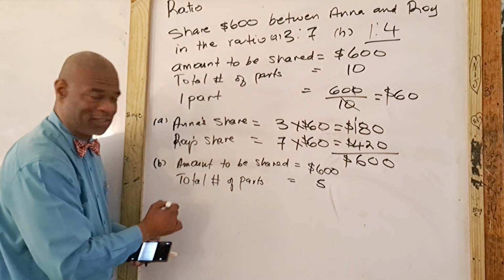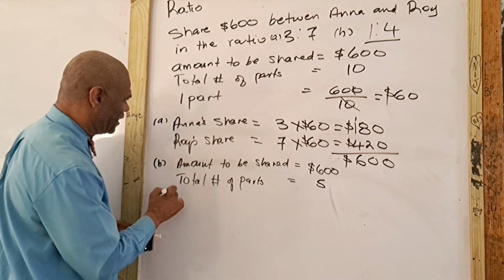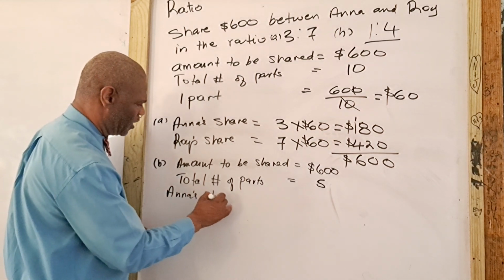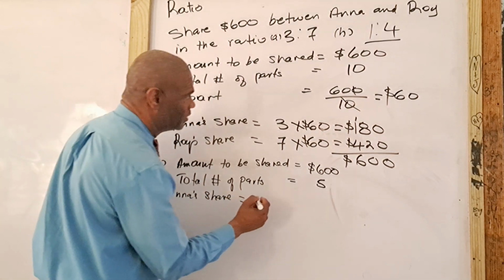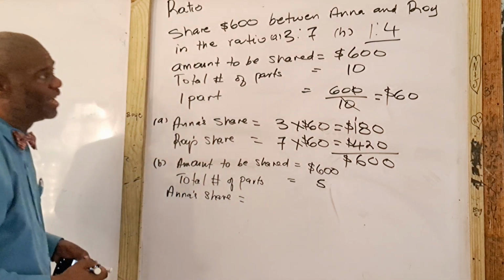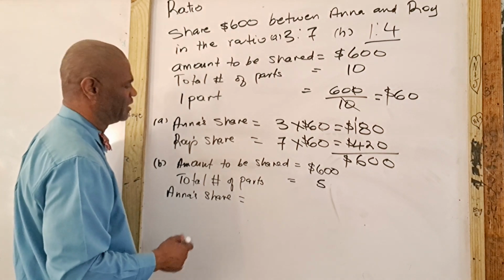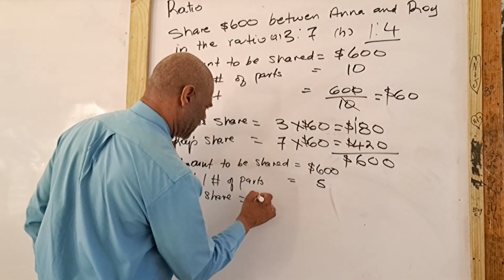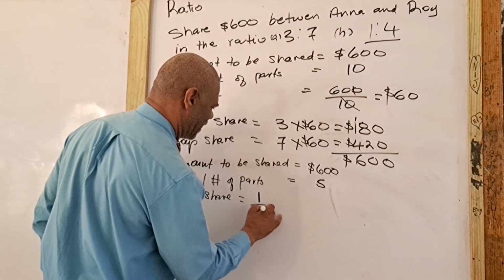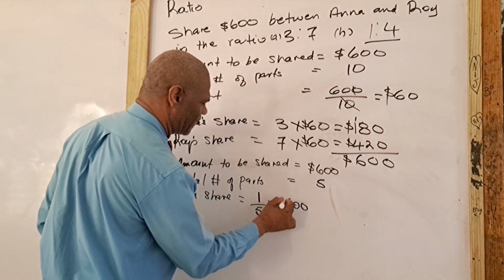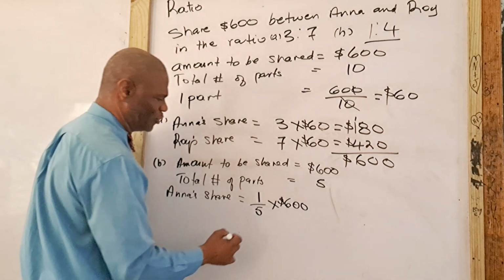So 1 part then, or we could just simply go ahead and do, so let me see. So Anna's share, let's do this the other way. Anna would get 1 part, right? So she's only getting the least. So 1 out of 5 times 600. Alright? So that's 1/5 of 600.